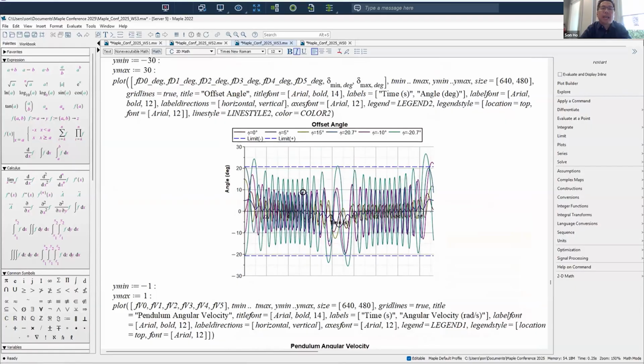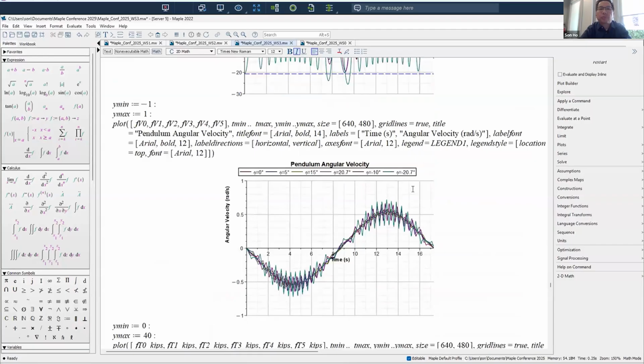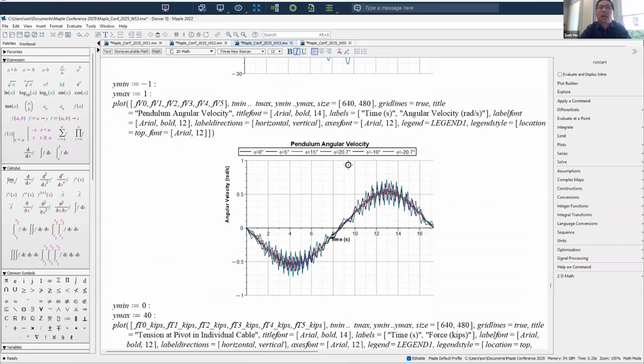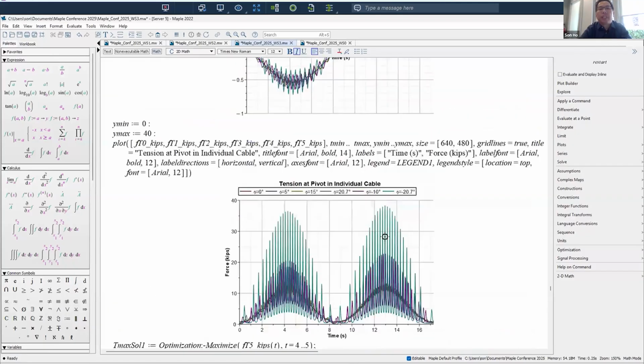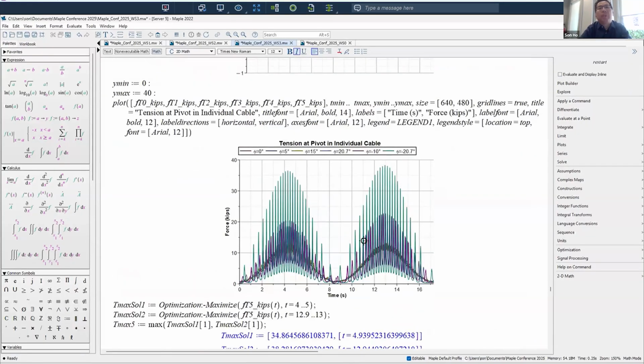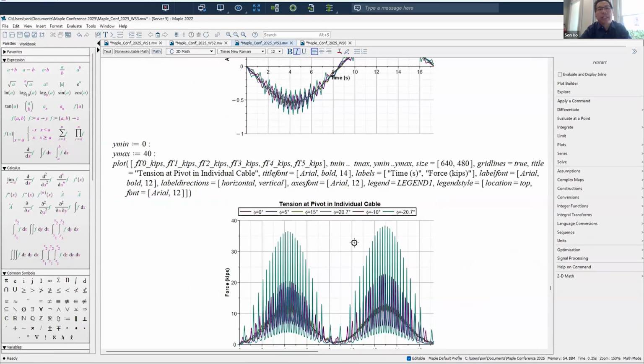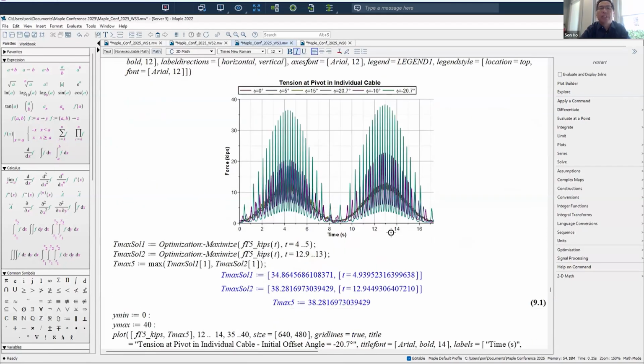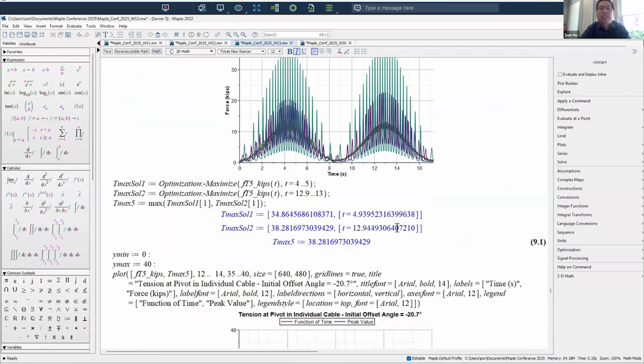And then the offset angle between those two will give you this. And acceleration, angular velocity will show the same trend, that you have a lot of variations around the sine wave. And that will affect the reaction force on the pivot. That's important because we use that to design the structure.